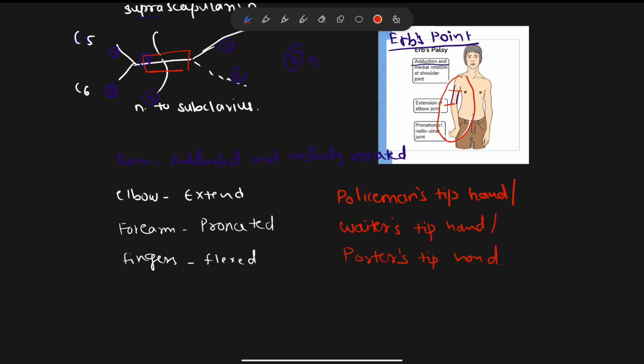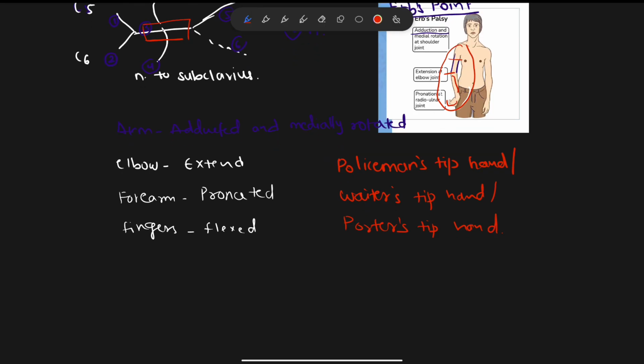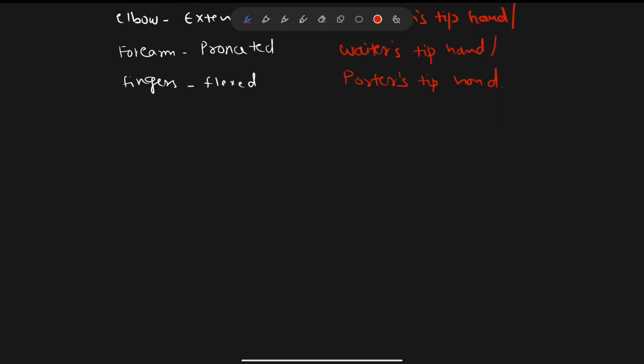The elbow will be extended. Okay, the forearm will be pronated and the fingers flexed. So this is a sign known as policeman's tip hand. If a patient comes to you with this sign, whether waiter's tip hand or porter's tip hand, it is really Erb's palsy.